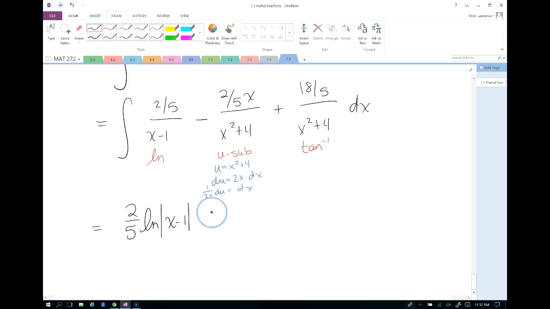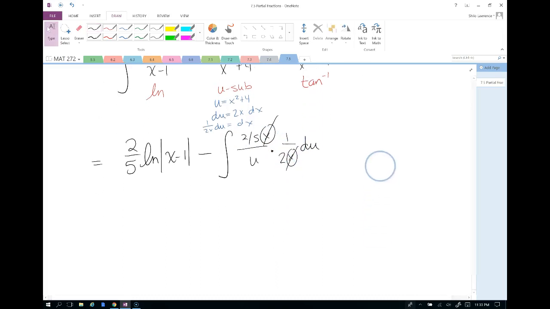So I've still got minus the integral of 2 fifths x over u times 1 over 2x du. Now those x's cancel. We could put the 2 fifths divided by 2 together in the front, and that's going to make 1 fifth.